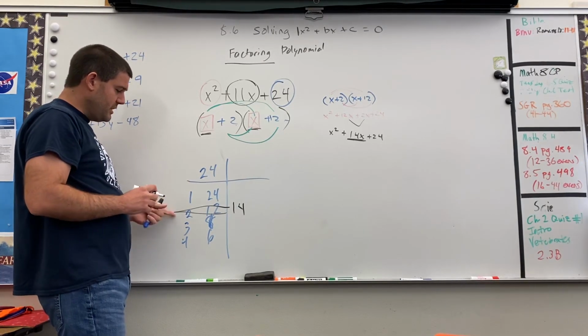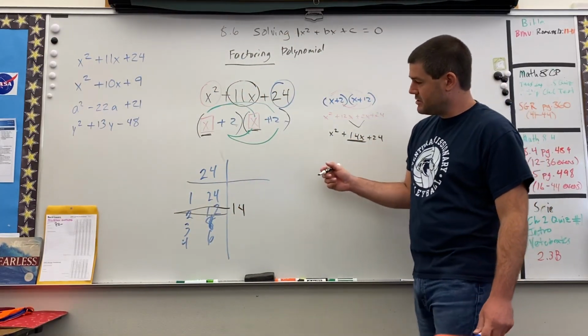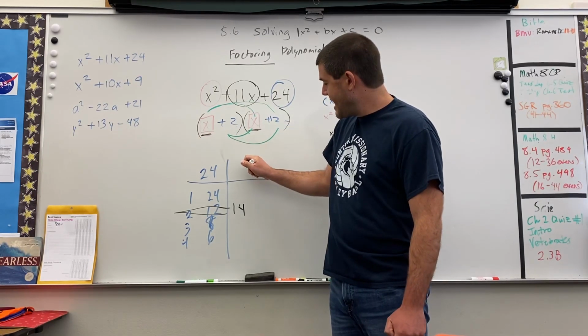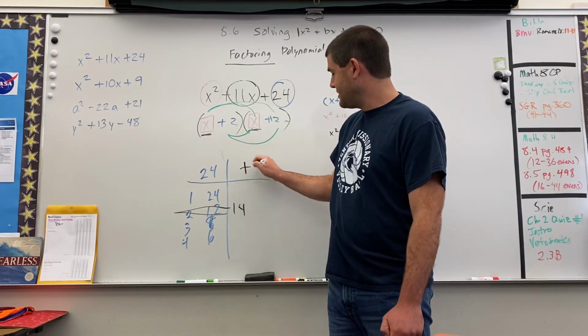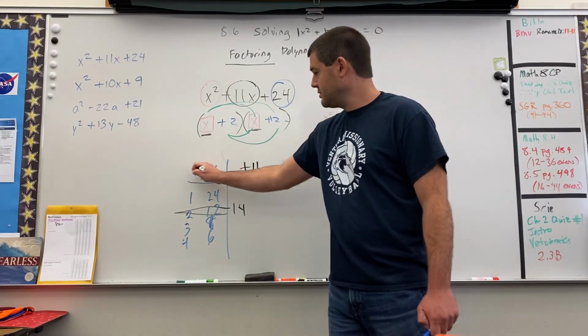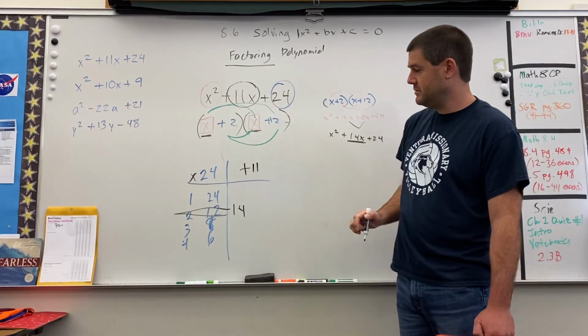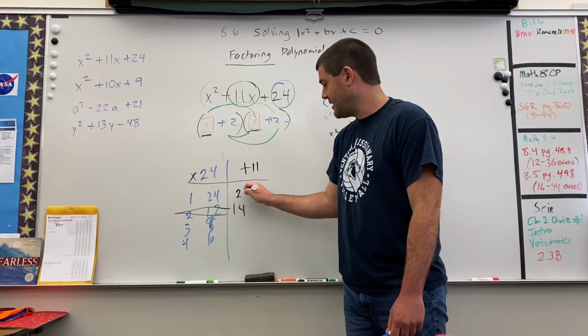Okay, so really what we're trying to figure out is what numbers multiply to get the last number but add to get the middle number, to add to get 11. So multiply to get 24, but add to get 11 in the middle. So 1 and 24, if we add those together, we get 25.